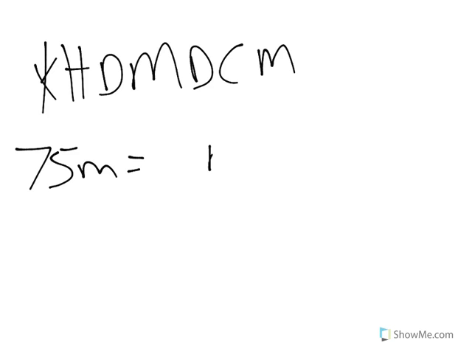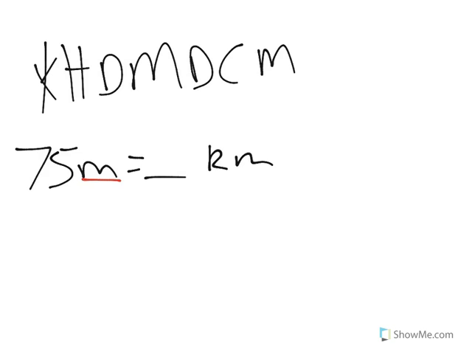Or you can do the slide method, and I think this is the easier method to use. So you do King Henry doesn't mind drinking chocolate milk, and then let's say you wanted to convert from 75 meters into kilometers. Okay? So you want to go from the metric unit.